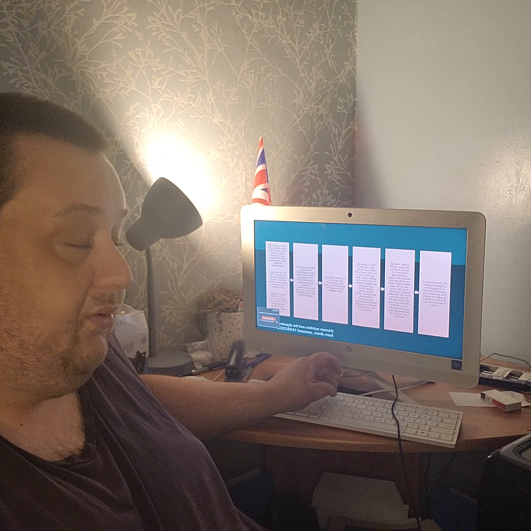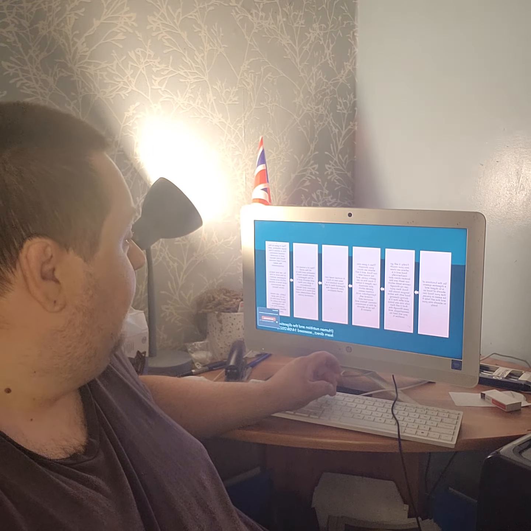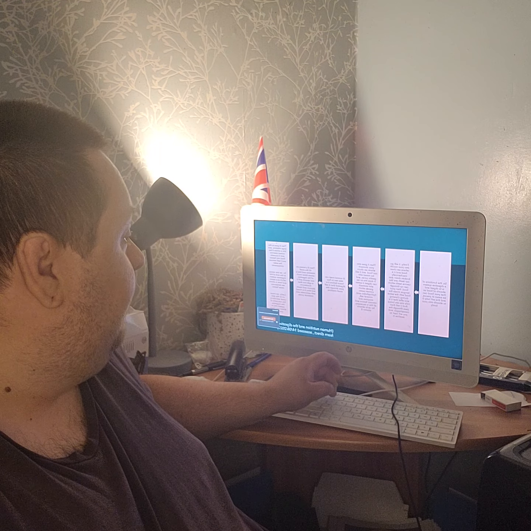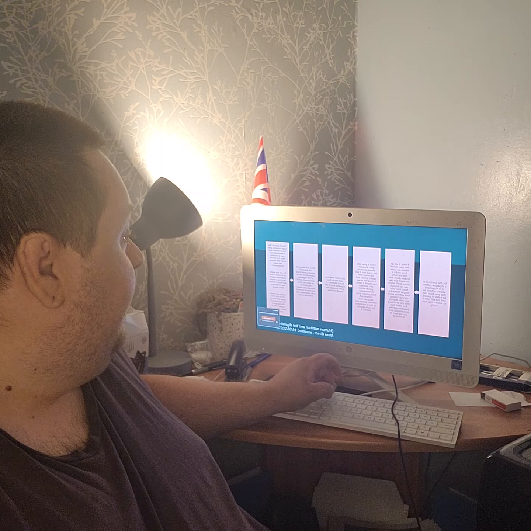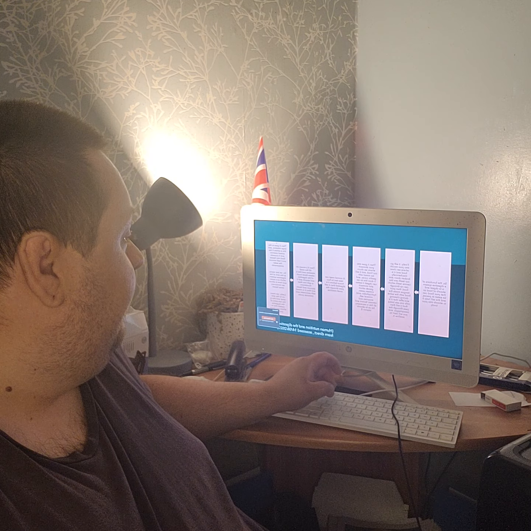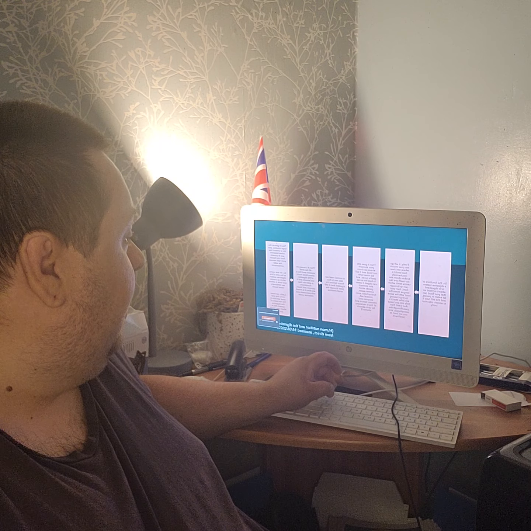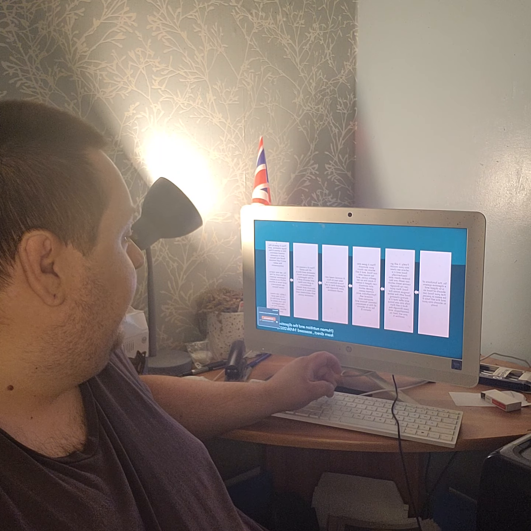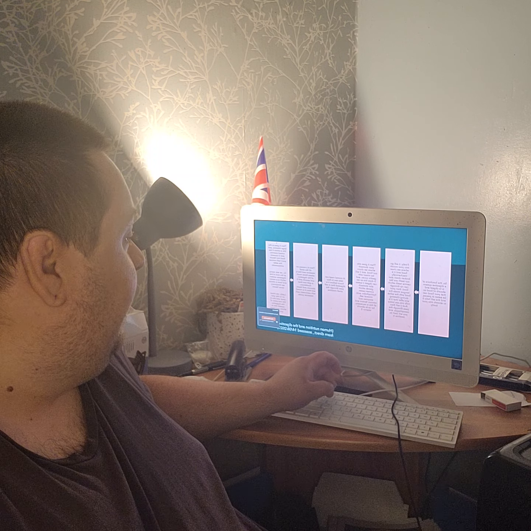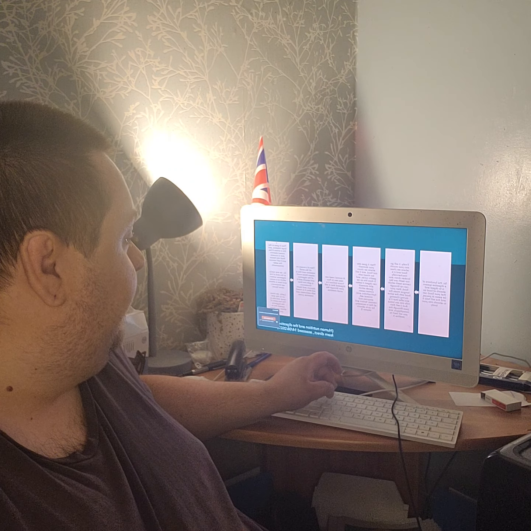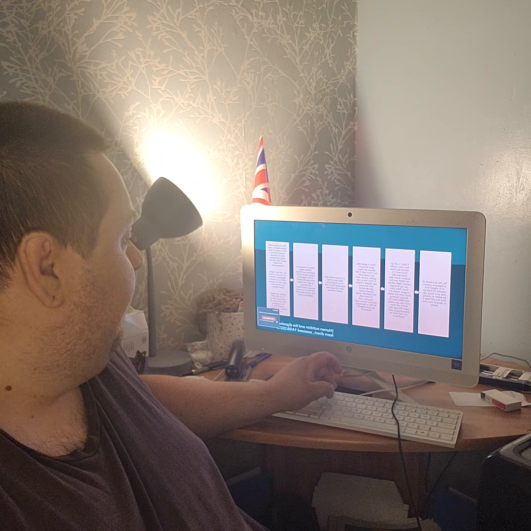Then it will pass through the small intestine, and this is where much of the digestion and absorption happens, and it is split into three parts: the duodenum, jejunum, and ileum.